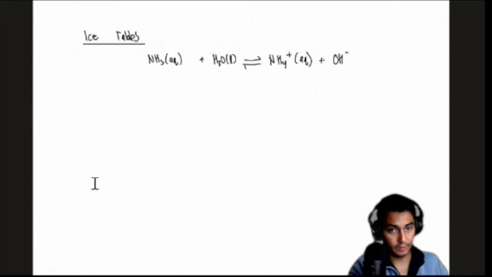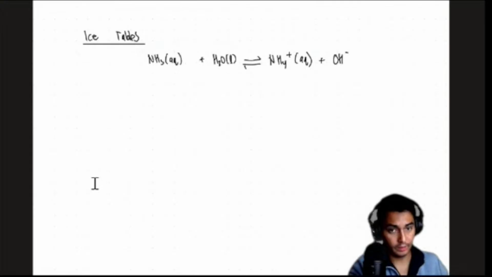So what I'm going to do now is I'm going to do an ice table. I don't know what this is going to be, so I'm going to say this is going to be an X. Okay? And I think in this case, they gave it to us. They said that OH minus was given as 4.64 times 10 to the minus 4 molar.